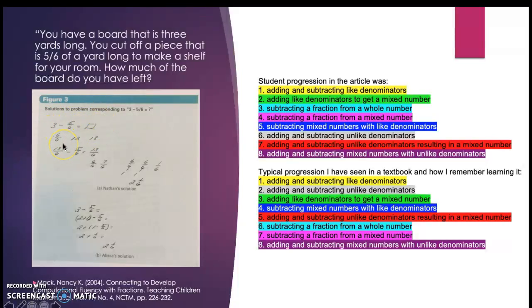The good conceptual foundational understanding that these students presented is they knew that there were 3 wholes, and they knew that they were working with 6 as the parts. So they put 6/6, then 12/6, and then 18/6. They had 18/6, and they subtracted that.